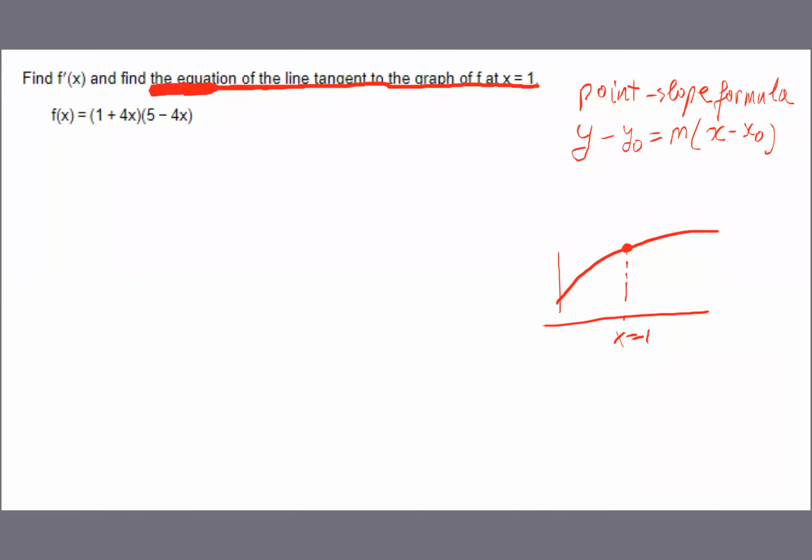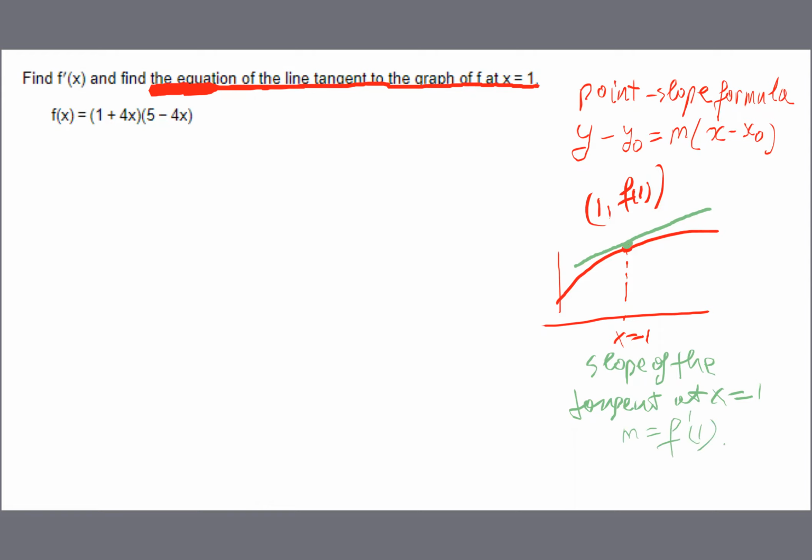So in that case, the coordinates of the point are going to be 1 and f of 1. Because we're looking at the tangent at this point, the slope of the tangent at x equals 1 is actually f prime of 1.